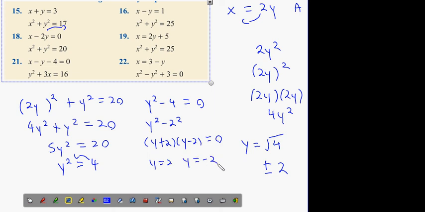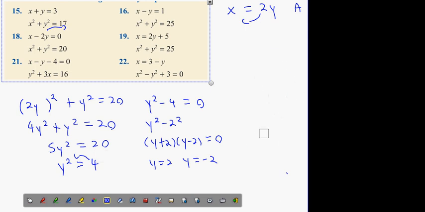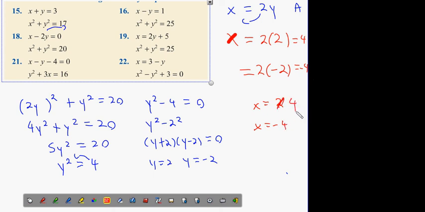Once you've got to that stage, you have to figure out what your x value is. According to this equation, x is 2y, so multiply the y value by 2. So x equals 2 times 2, which is 4, and 2 times minus 2, which is minus 4.